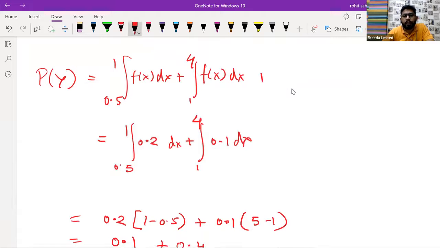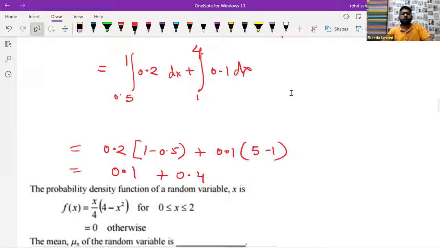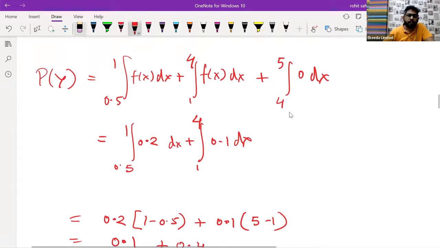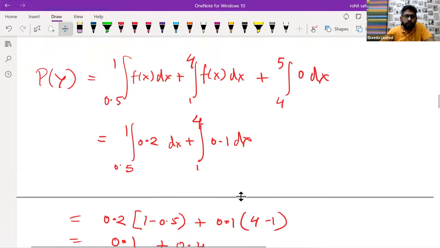There should be one more term, 4 to 5, in the case of otherwise, so it should be 0 dx. Now it's fine. So I wrote that limit incorrectly. You should make that change. 4 minus 1, so now it's fine.